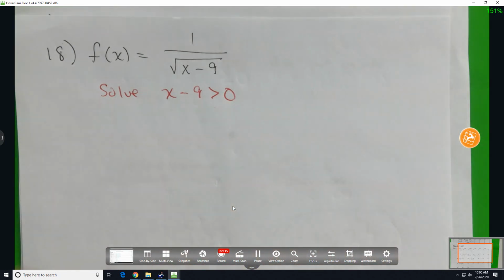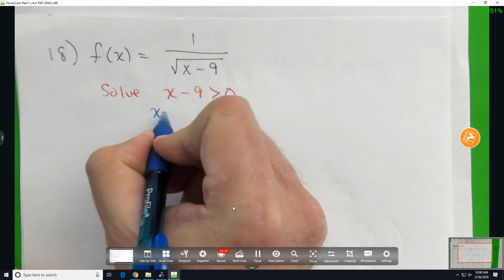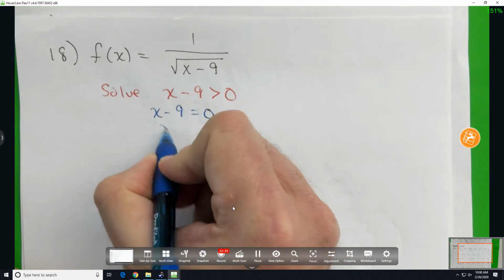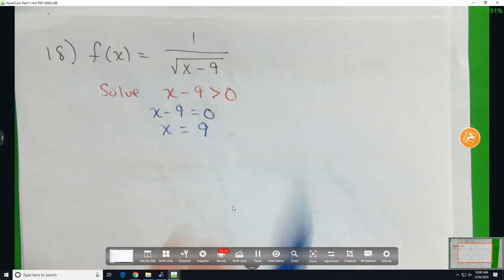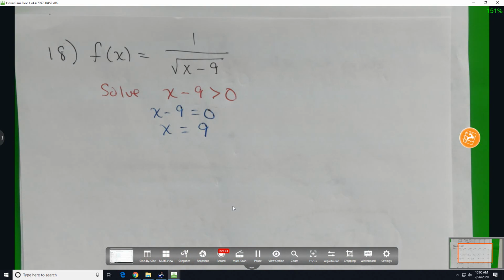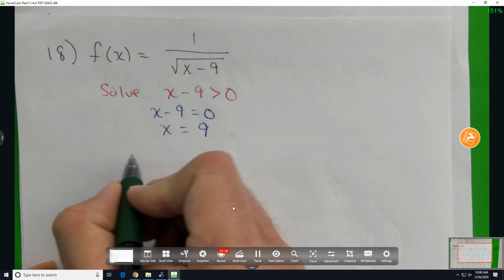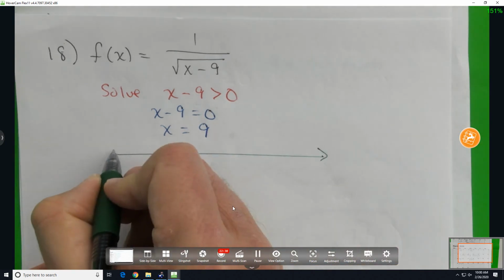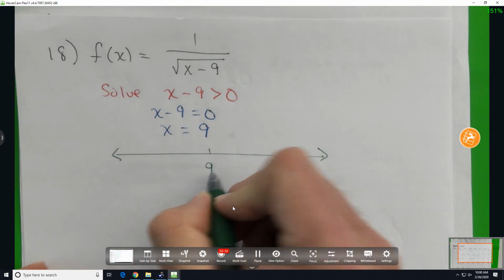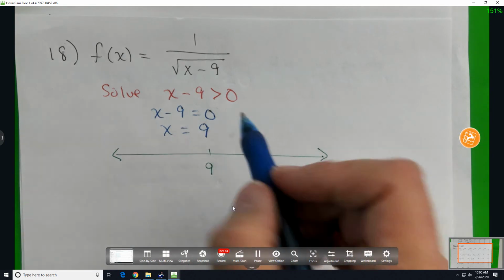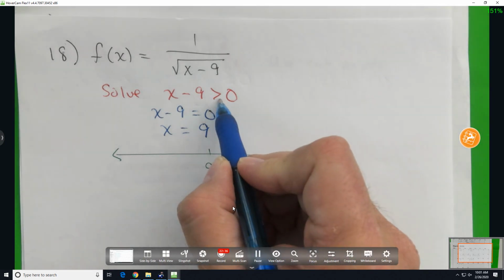It's pretty easy to find it. You just say x minus 9 equals 0. Move the 9 over. Much easier than any homework problems you did with cut points. Draw your number line. And right here, the difference between greater than or equal to and greater than.